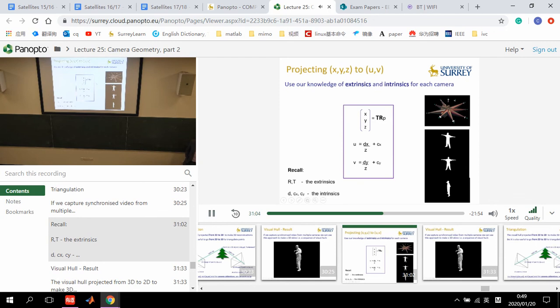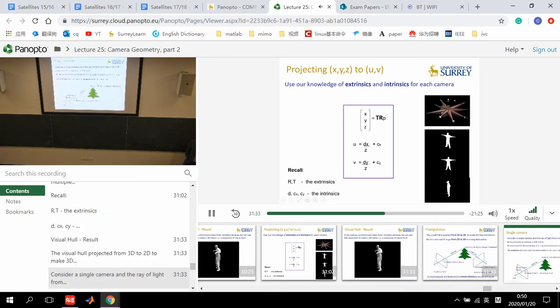No, it doesn't, because the position of the point, the voxel, is an input to these equations. The constants are the camera calibration parameters, which is basically R, T, D, Cx, and Cy, and then the output is UV. So those equations will be constant for every single voxel that you process. Any other questions?